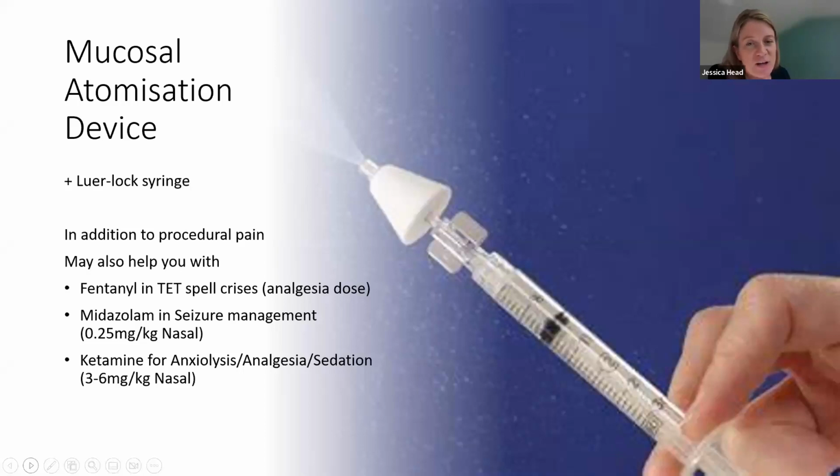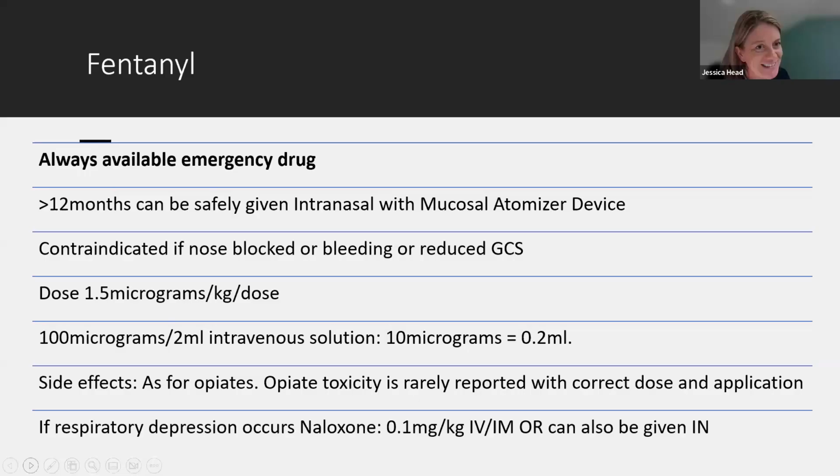For example, you might want to give an opiate analgesia like fentanyl in a tet spell crisis, where you don't want to cause any additional pain to the child. You can give midazolam this way for seizure management, and you can give ketamine as well for anxiolysis, analgesia, or sedation through the mucosal atomizer device. So multi-purpose and worth the money, I think.